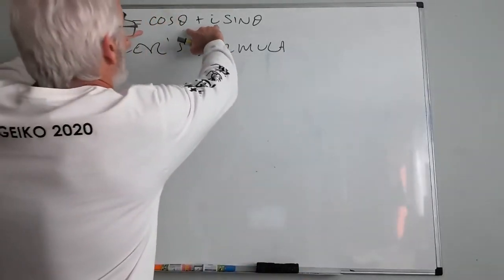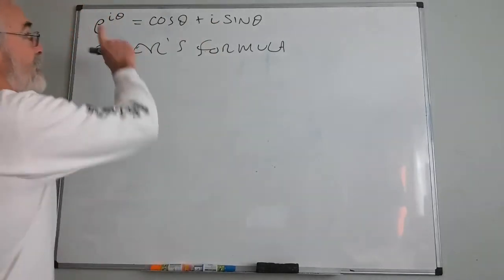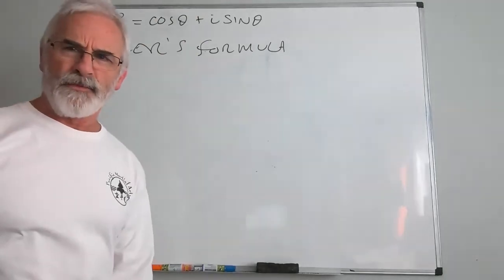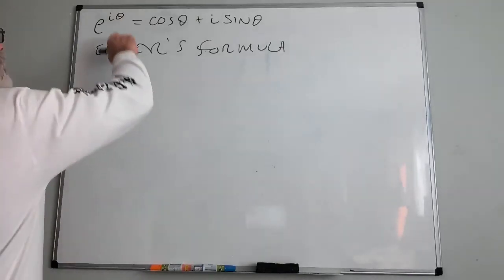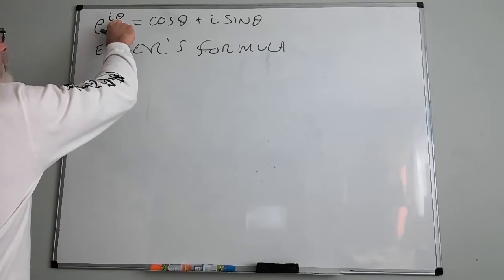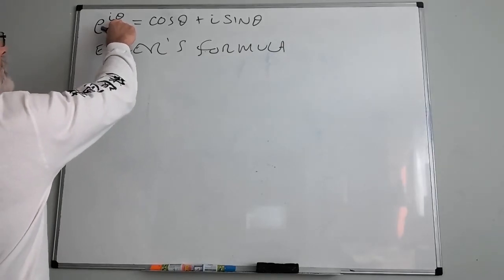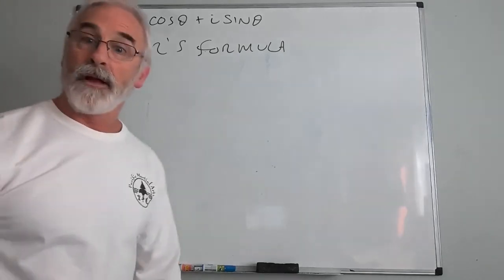Now, Euler's formula is how we get to the next thing we're going to do. This is an identity. This doesn't have to be proved. So he said, what do you mean? Imaginary angles and so on. Well, here's one of the beautiful things. If I replace theta with an imaginary angle, then i times that imaginary thing will be real.